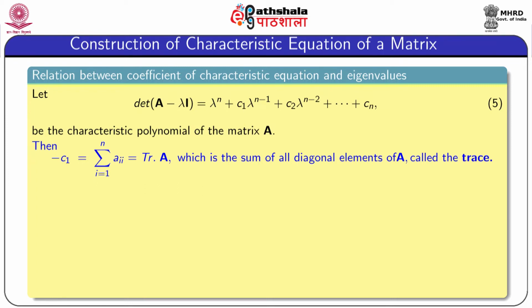That means the sum of the diagonal elements of A is called the trace of the matrix, which is equal to minus C1.